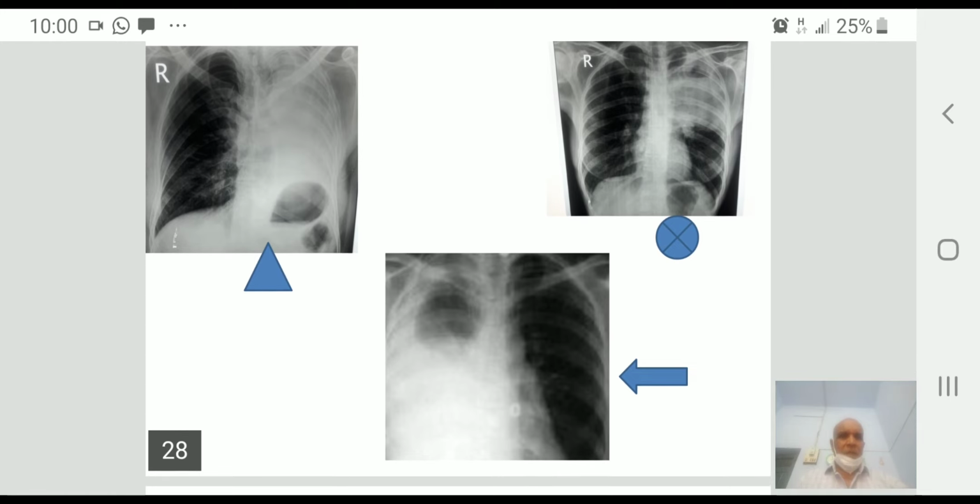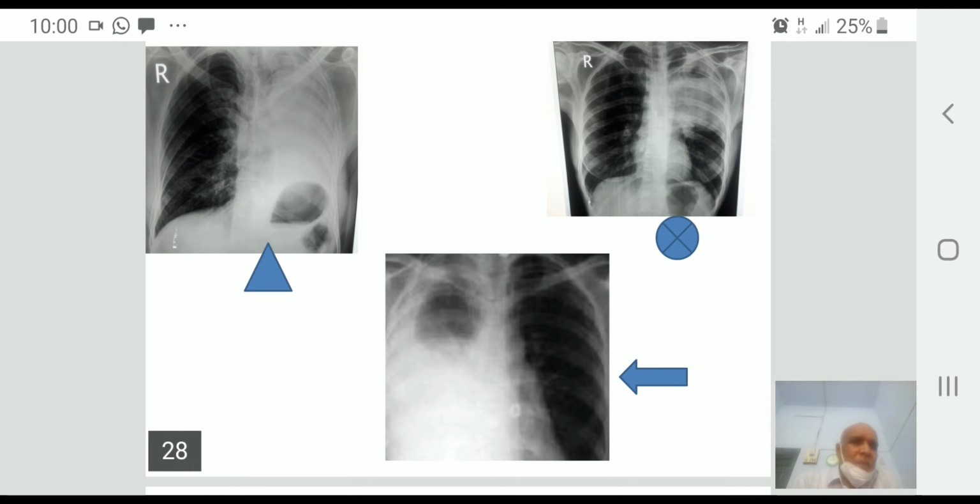There are 3 X-rays. On one X-ray with a triangle, there is a radio dense opacity. On 3 X-rays, radio dense opacity. In the triangular opacity, the dome of diaphragm goes up, meaning decreased lung volume.